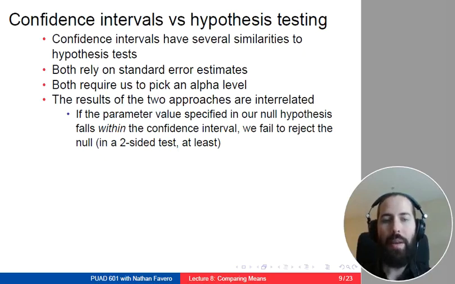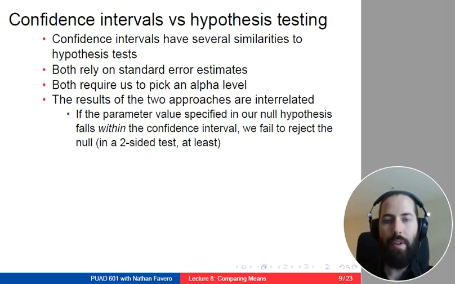Now, to be a little bit more specific, we have to think about what our null hypothesis is. In the example before, we said that the means of the two populations are equal, or in other words, the difference between the two populations was equal to 0. If we create a confidence interval for the difference between those means, we can see whether or not 0 is within that confidence interval, and that's how we can figure out what the results from the hypothesis test would be.